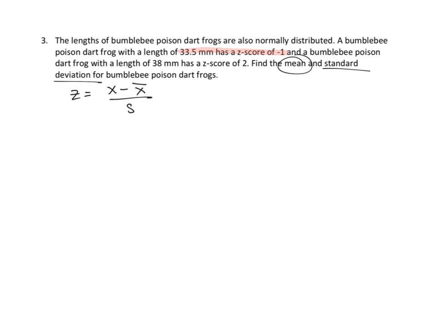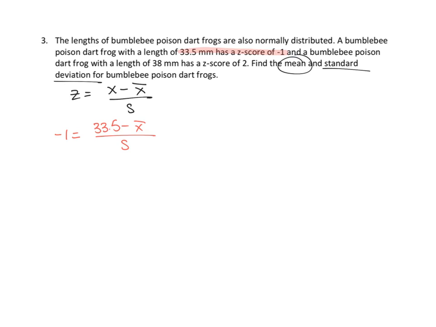And we can come up with an equation for that. We get -1 for z if we plug in 33.5 for x. And remember, we're looking for x bar and we're looking for s. We're looking for the mean and the standard deviation.